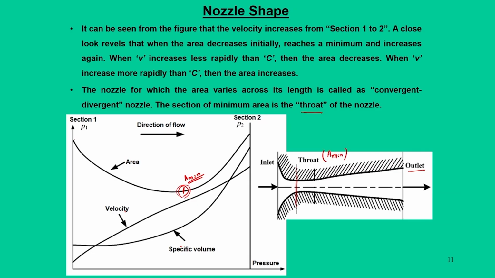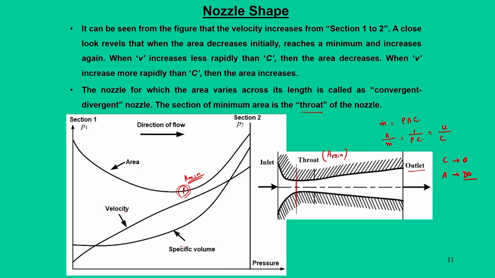Another point, if I recall, is that m dot is equal to rho A C, so A by m dot will be 1 by rho times C, or specific volume times C. Now, from this expression you see that when C is very small, close to 0, A goes to maximum, that means A goes to infinity.